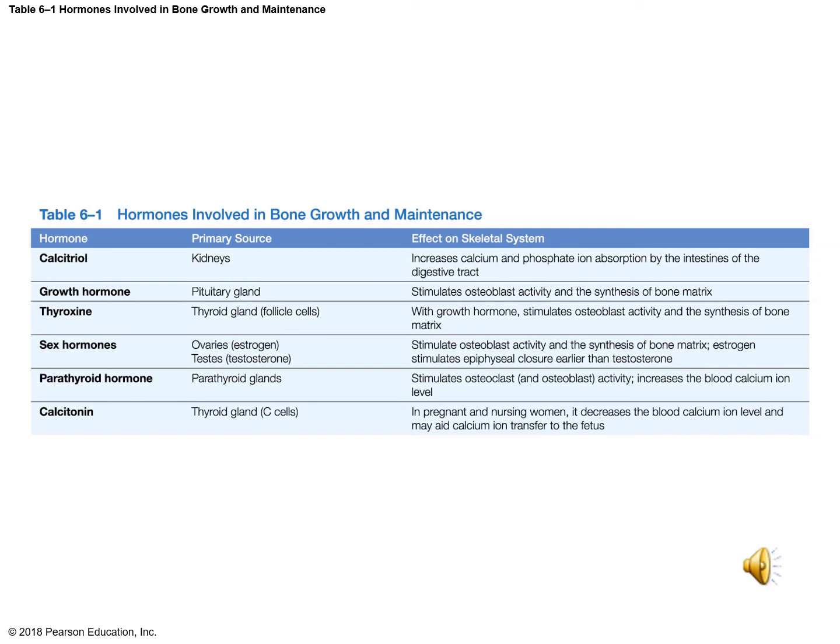The next 2 hormones are going to work against each other. Many hormones do this, and they work against each other to maintain homeostasis of the blood calcium level. Your parathyroid hormone is going to react when the blood calcium level drops, and it's going to work to increase the blood calcium level.